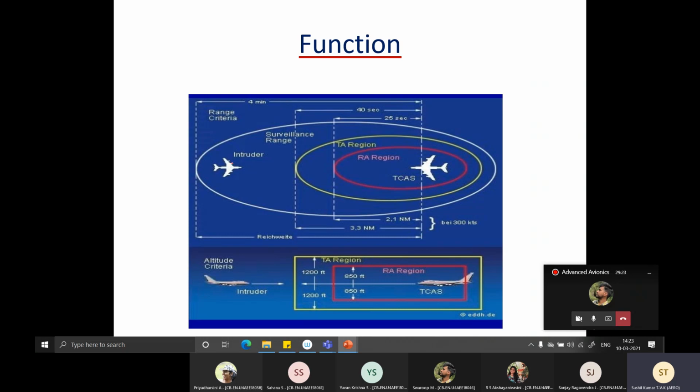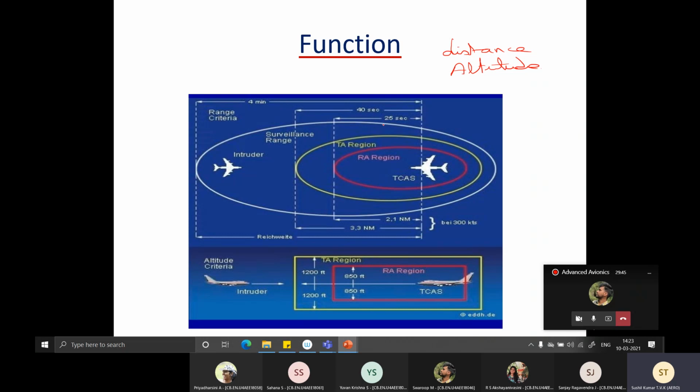So it works in both range as well as altitude. So you have distance as well as altitude, range information.